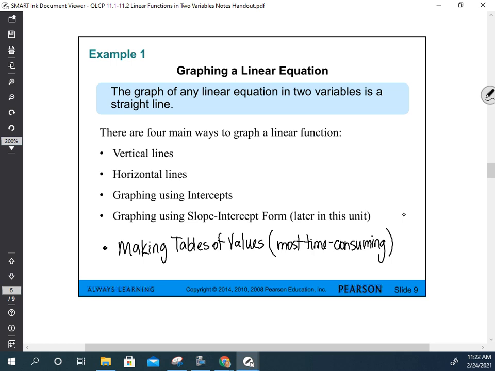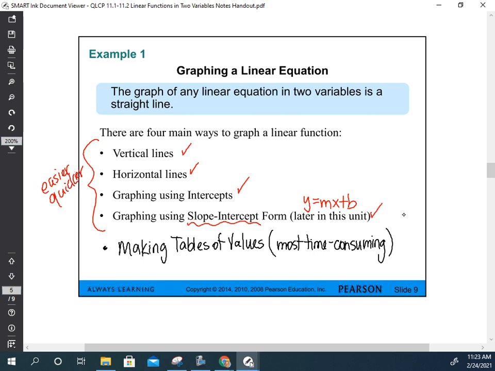The 4 easier and quicker ways are vertical lines, horizontal lines, intercepts, and slope intercept form, y equals mx plus b, which we probably won't get to until next week.